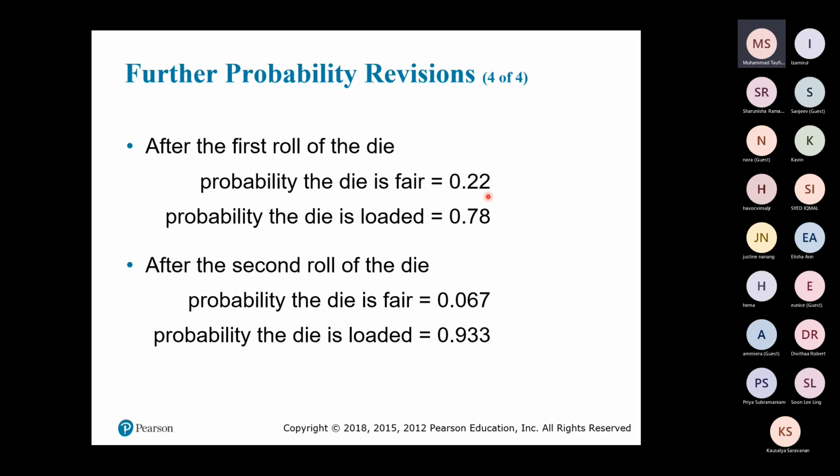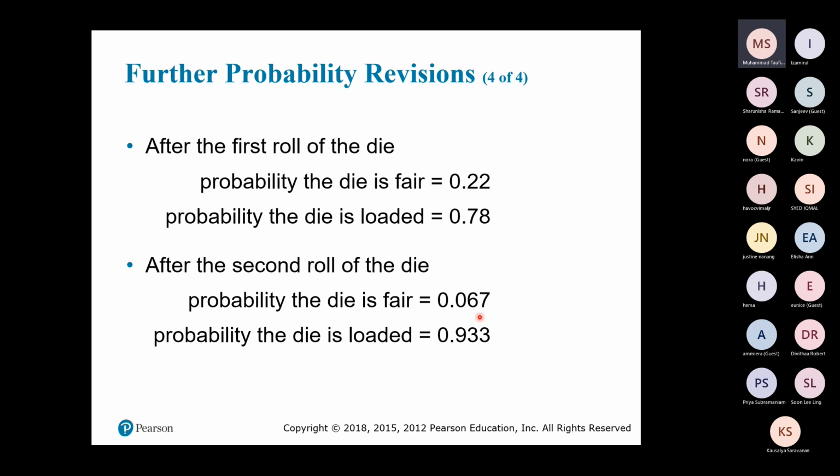Tapi bila kita ulang lagi ujian tu, maknanya kita baling lagi kali kedua, kita akan nampak kemungkinan untuk kita pilih dadu yang normal tu jadi makin kecil. Jauh lebih kecil. Sebab apa? Sebab dadu yang kita ubah suai ni, kemungkinan untuk kita dapat nombor 3 tu lagi besar daripada dadu yang normal.